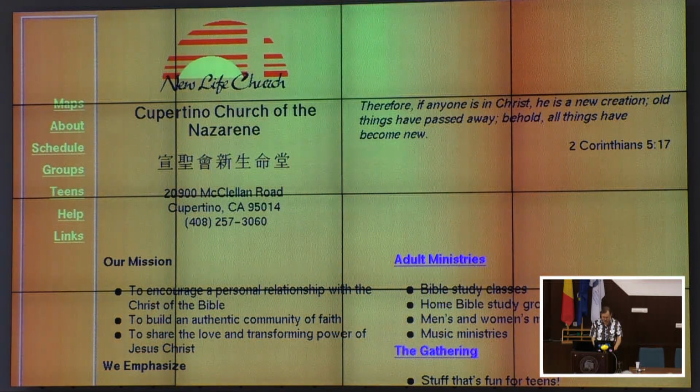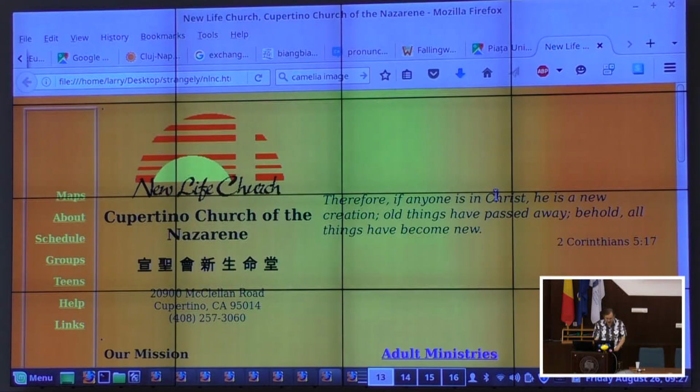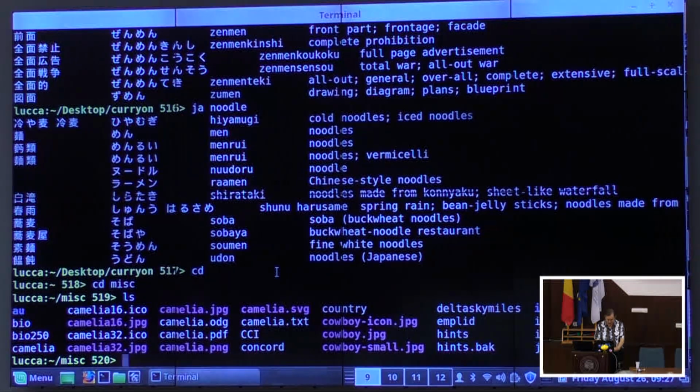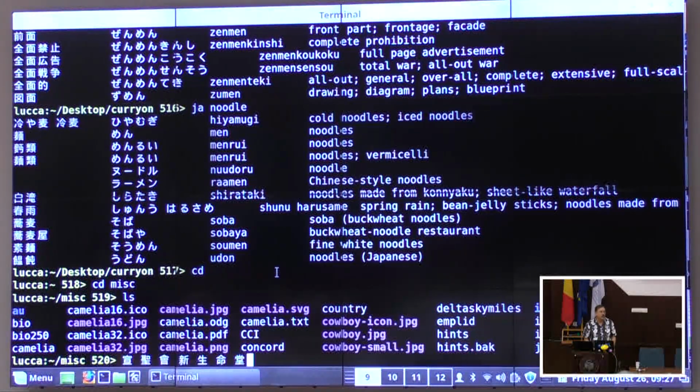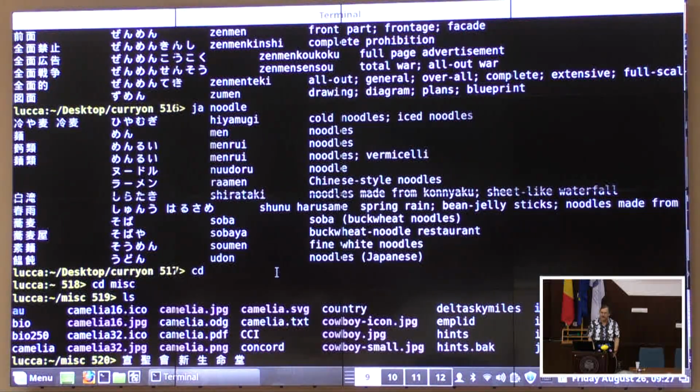When I was doing the church webpage, this is actually a reproduction of it here. So I could do this. I could actually cut and paste the characters. Now, this may seem like nothing, but back in that time period, all Chinese characters, at least in the US, were GIF images.